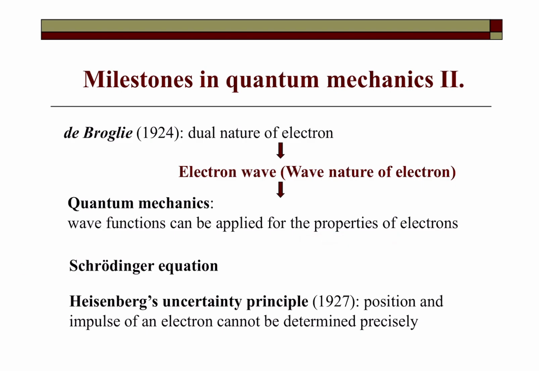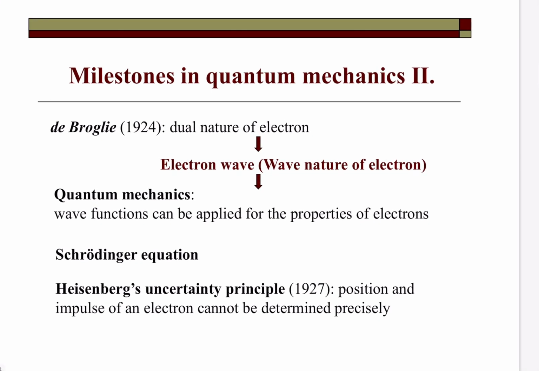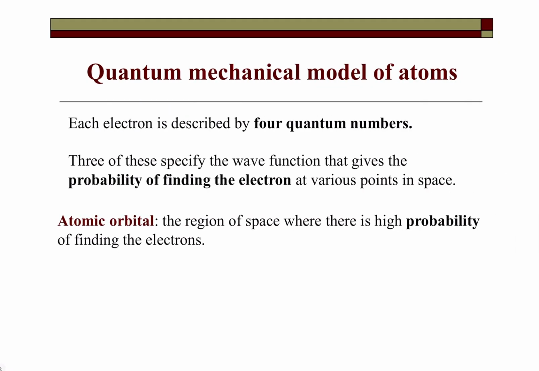The most important things in quantum mechanics are the Schrödinger equation and Heisenberg, who spoke about how the position and the momentum of the electron cannot be determined precisely. So there is no exact place where we can find the electron in the atom, because we can only predict the position.